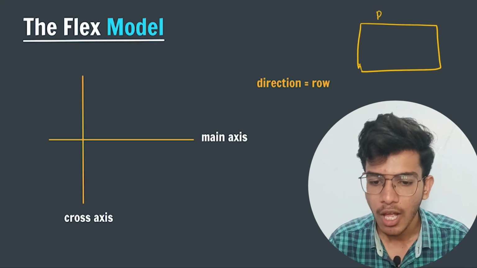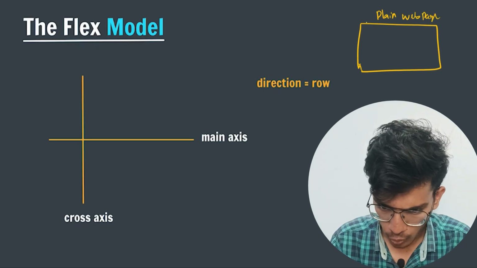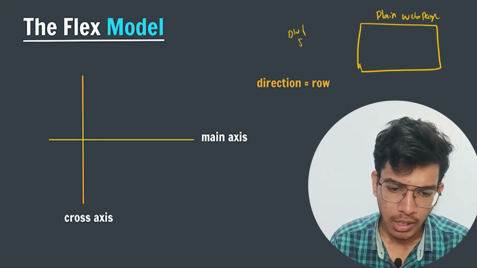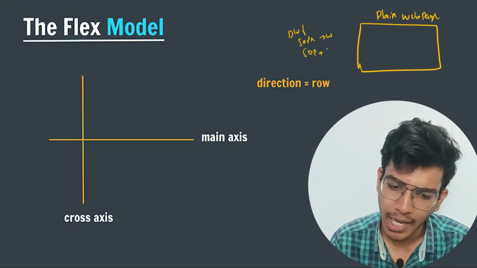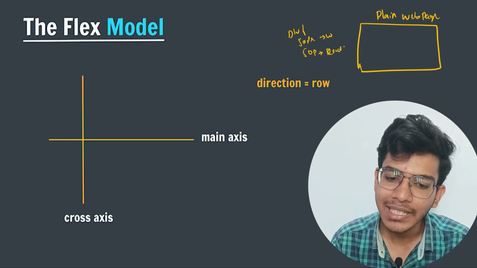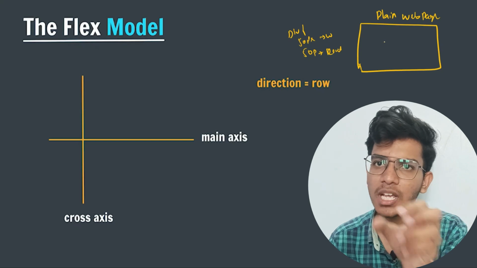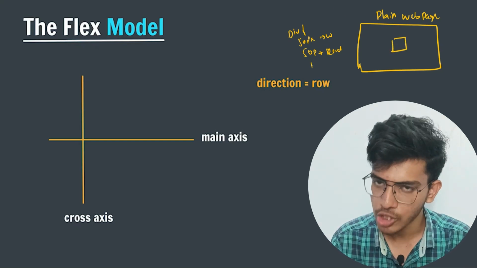Let's say in this plain web page I'm creating a div of 50 pixels width and 50 pixels height, and I'm placing it in the center of the page. So my div will get created here.